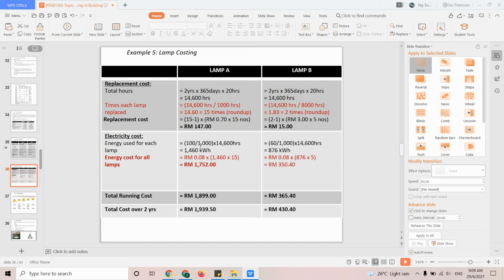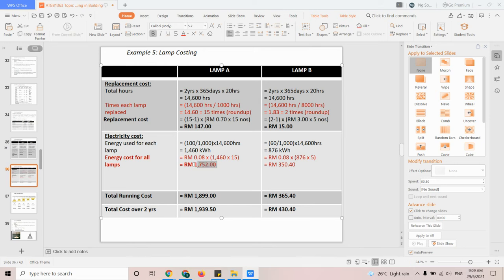So this is just one. We have 15 lamps. So the energy used will have to be multiplied by 15, and then you have to multiply by the rate, which is 0.08. Then you'll be able to obtain that for this period of 2 years, to keep all the lights on at the required time, which is 20 hours a day, it costs this amount of money.